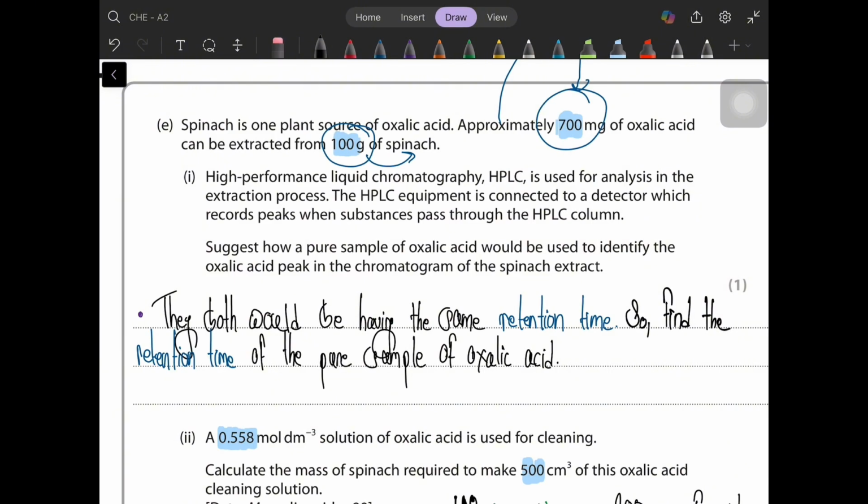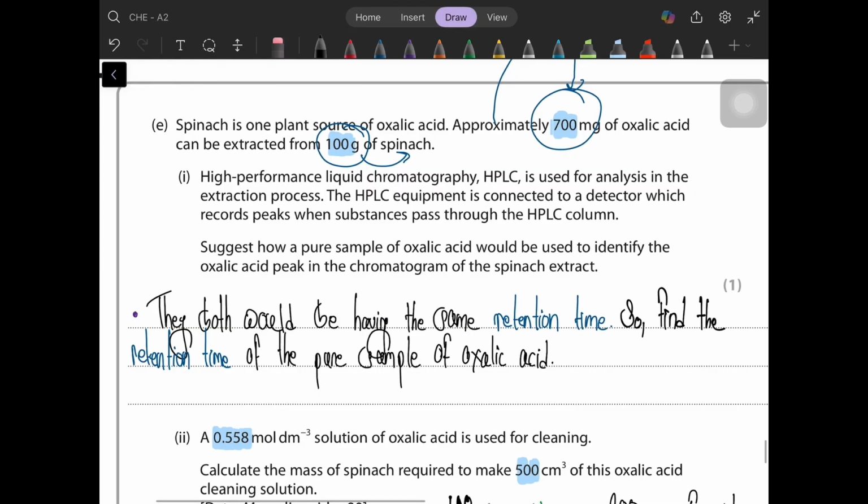So find the retention time of the pure sample of oxalic acid and then compare with the sample of the spinach, right? This retention time is the time taken for a sample to be detected by the detector once it is inside high performance liquid chromatography or gas liquid chromatography, right? So the time taken for the sample to be detected after being inserted is what we refer to as retention time, right?